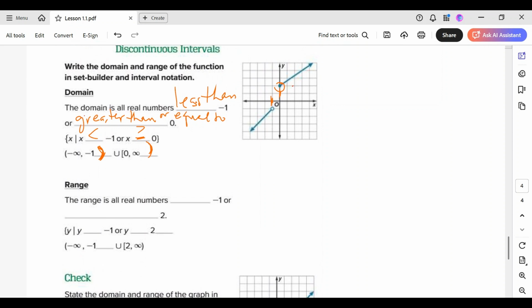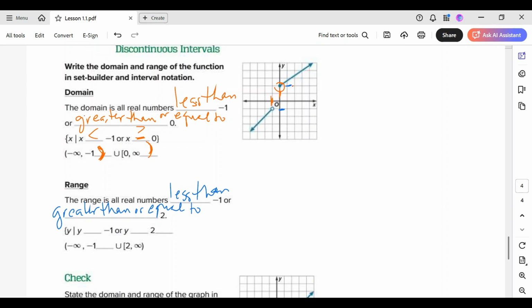When we go to the range value, notice that the range are the y values. So here's -1, and here is +2. So the range is all real numbers less than -1, because again it's going down, or notice that the y value is a solid dot, so greater than or equal to +2.